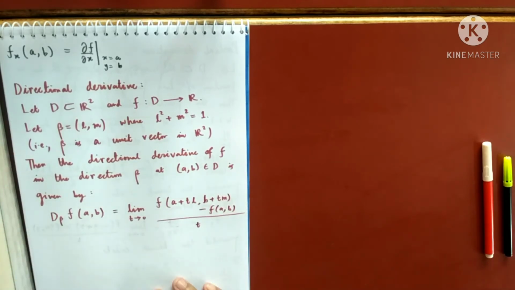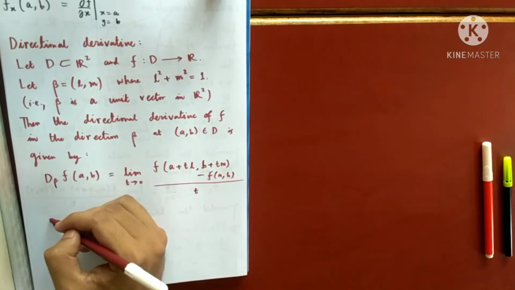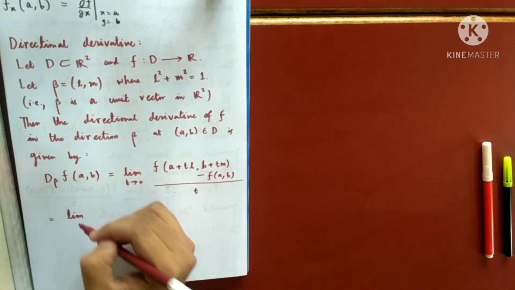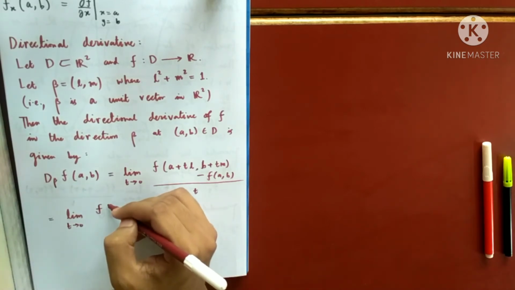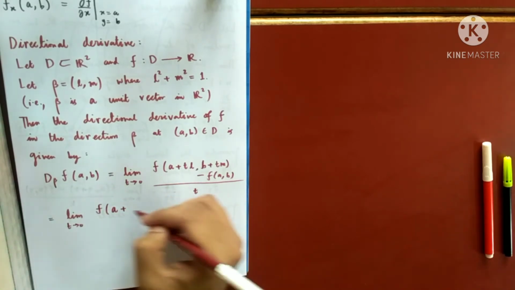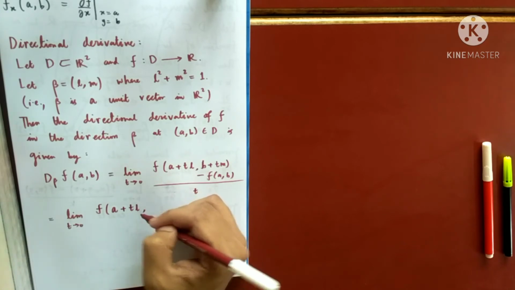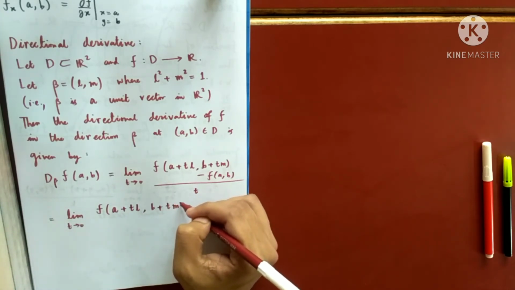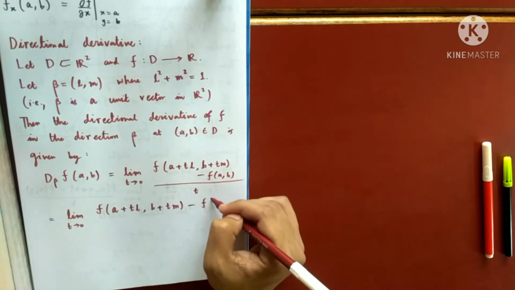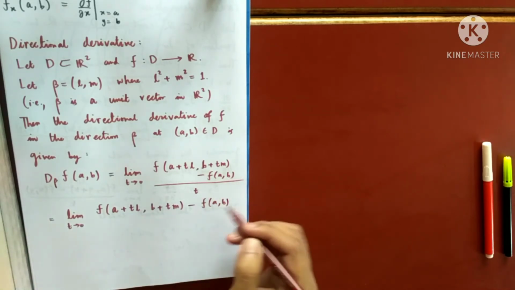Which is equal to limit t tends to 0 f of a plus tl, b plus tm, minus f of a comma b, by t.